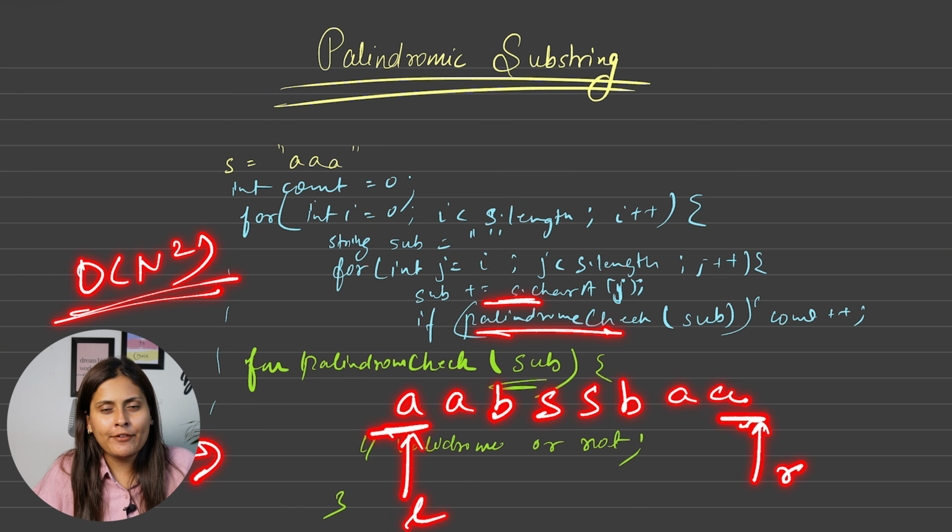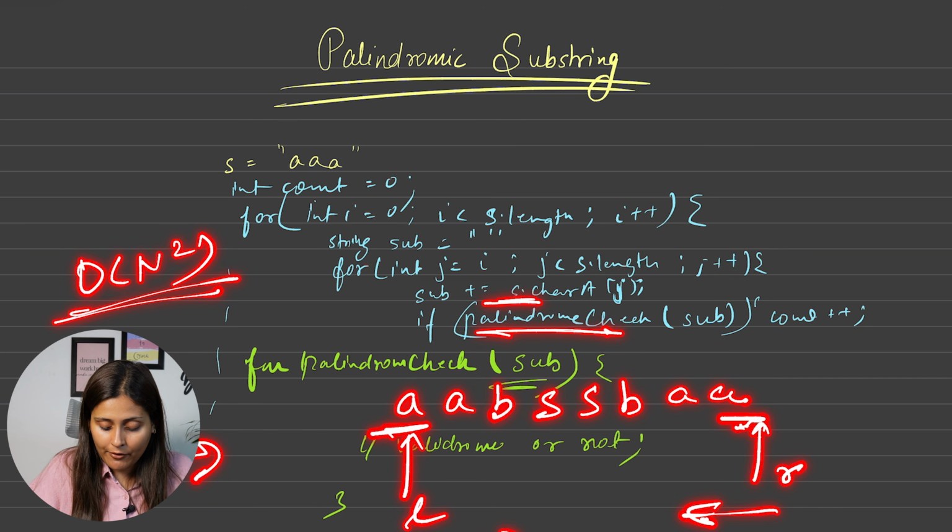But 2-pointer we normally apply when it is sorted, means we can decide where to move our left pointer and right pointer. But in the string, even if it is not sorted, if we can decide where to move which pointer on what condition, still we can apply 2-pointer.